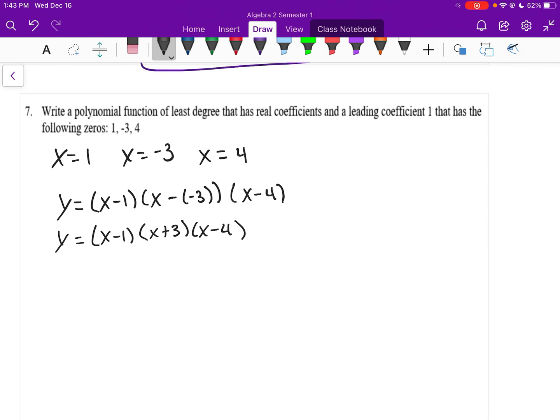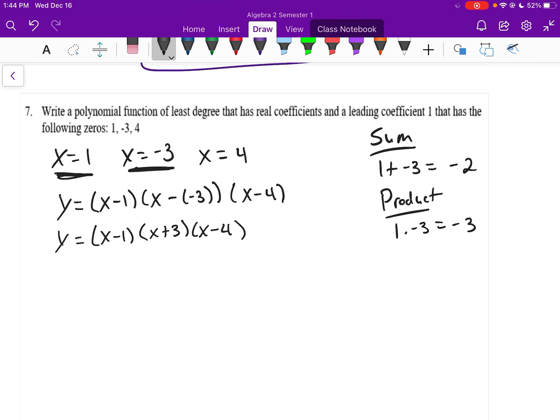First option, I'm not going to go through it: you could just multiply those 3 factors out and get the polynomial that you need. But what I'm going to do is use the sum and product with those 2 zeros. Sum is adding, so 1 plus -3, which is -2, and our product, 1 times -3, gives me -3.